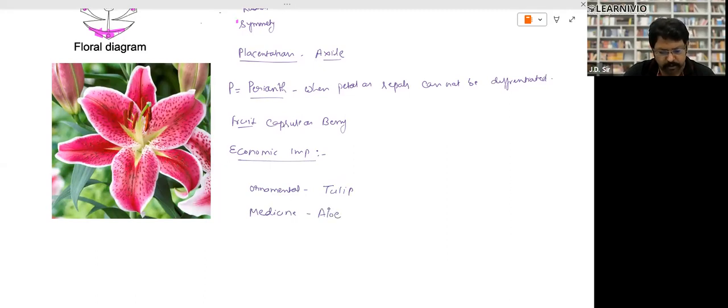Aloe. In vegetables, asparagus belongs to this family. Right. One more important, colchicine. Colchicine works like gibberellin. It is extracted from the colchicum plant, right? So these are the examples.